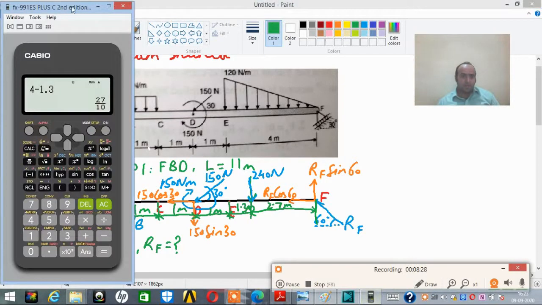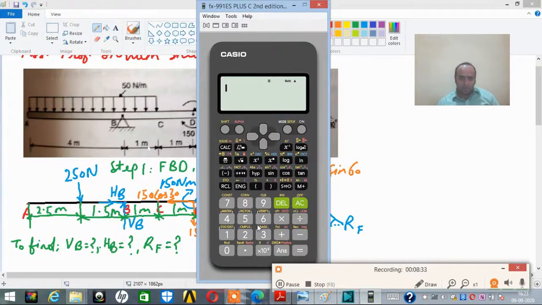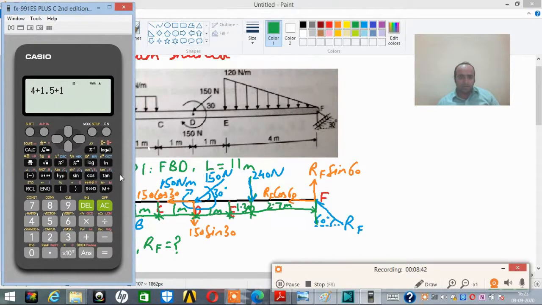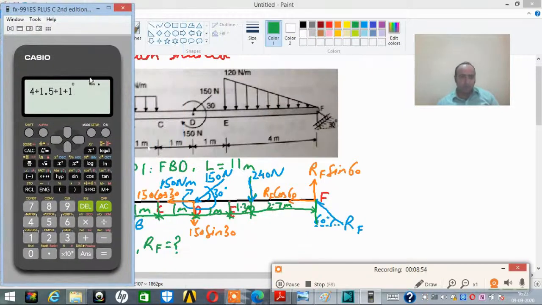So the total distance: let us check 2.5 plus 1.5 plus 1 plus 1 plus 1 plus 1.3 plus 2.7.